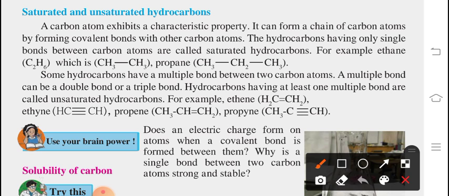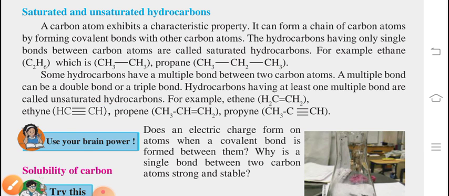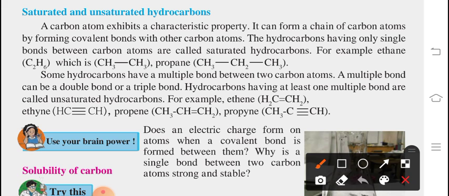So you just have to consider saturated and unsaturated hydrocarbons. When we are considering saturated hydrocarbons, over there we are getting single bonds and all are 'ane'. Ethane, propane, all 'ane'. So it comes with the saturated hydrocarbons. But 'ene' and 'yne' means ethene, propene, ethyne, propyne.